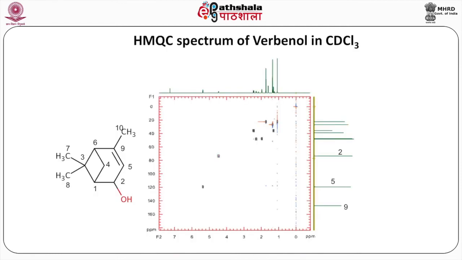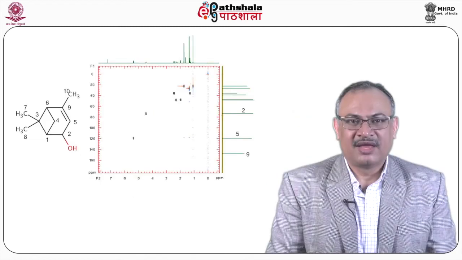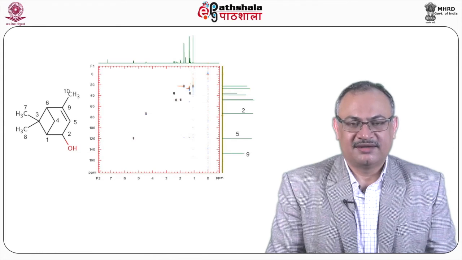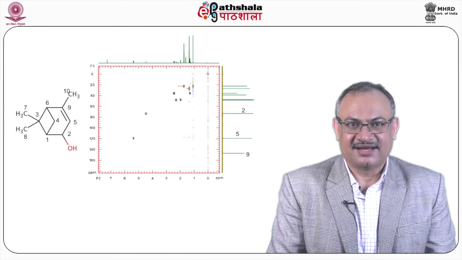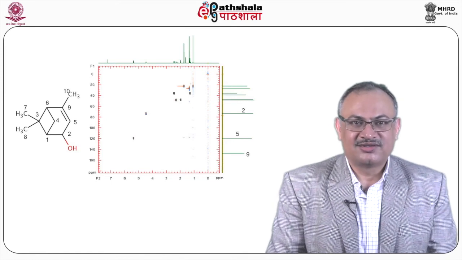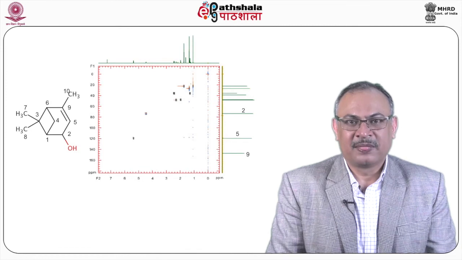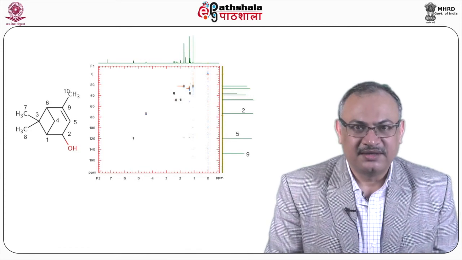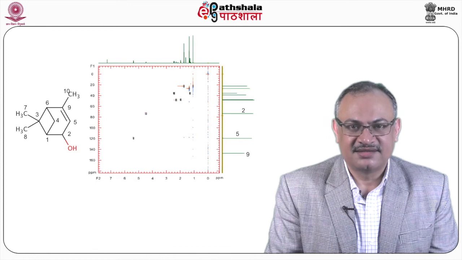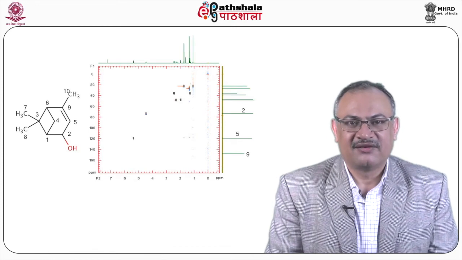So, you see the HMQC spectrum of verbenol in CDCl3, which is the deuterated solvent. The structure of verbenol is given and is labeled 1, 2, 3, 4, 5, 6, 7, 8, 9 and 10. And so, you can see that there are 3 methyls labeled 7, 8 and 10, and there are these 3 peaks at lower field. The x-axis is the proton chemical shift, whereas the y-axis gives the carbon chemical shifts.